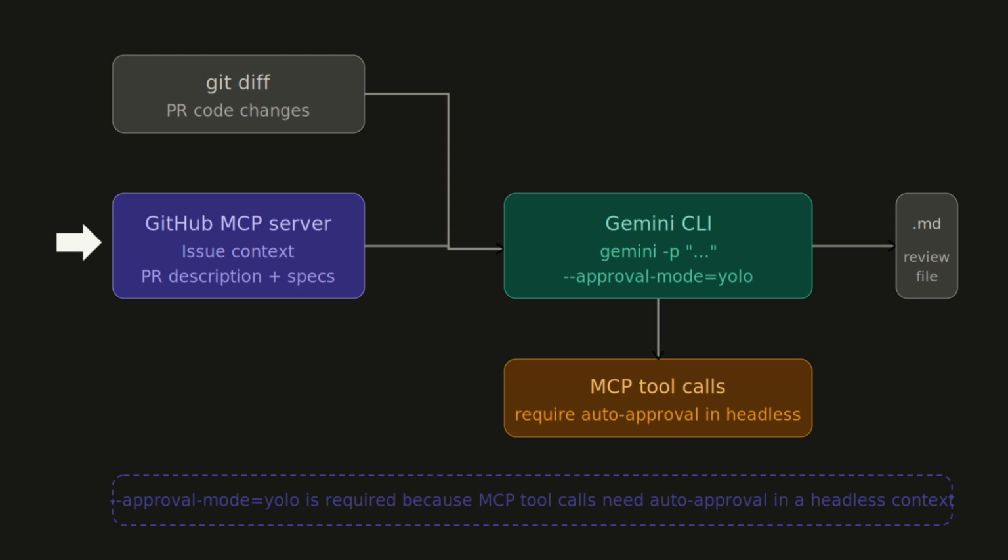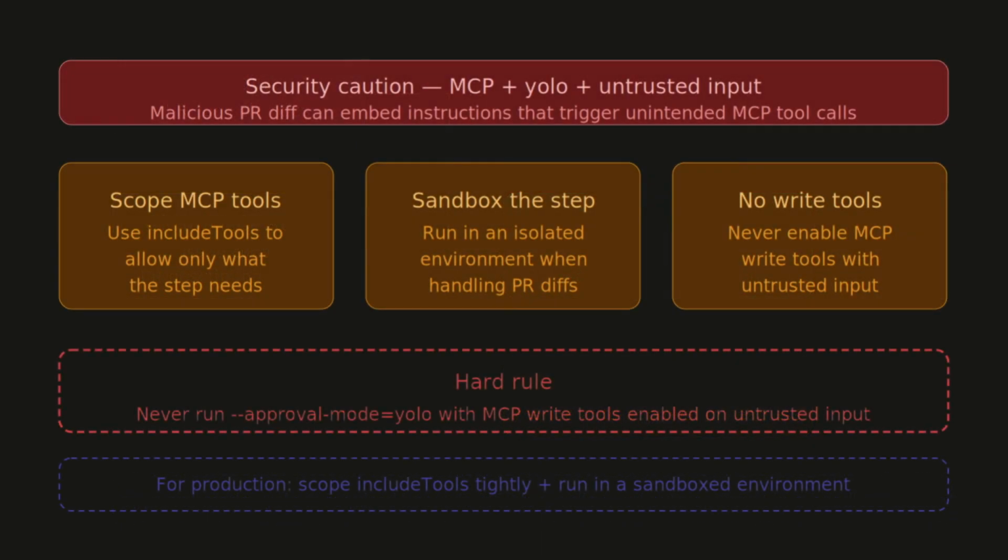In a pipeline with the GitHub MCP server configured, the approval mode YOLO flag is needed here because the MCP tool calls require auto approval in a headless context. Security caution for this pattern: combining approval mode YOLO with untrusted input like a PR diff creates a meaningful prompt injection surface.